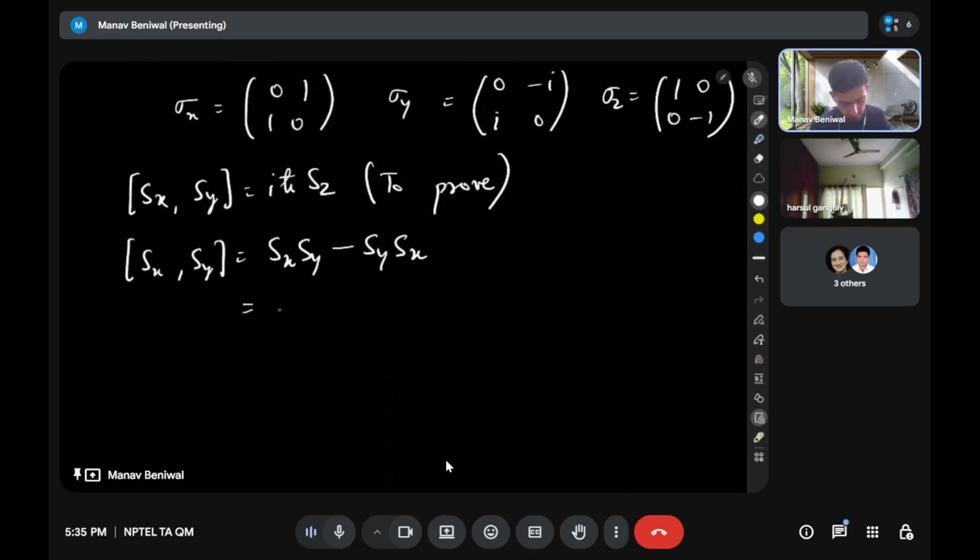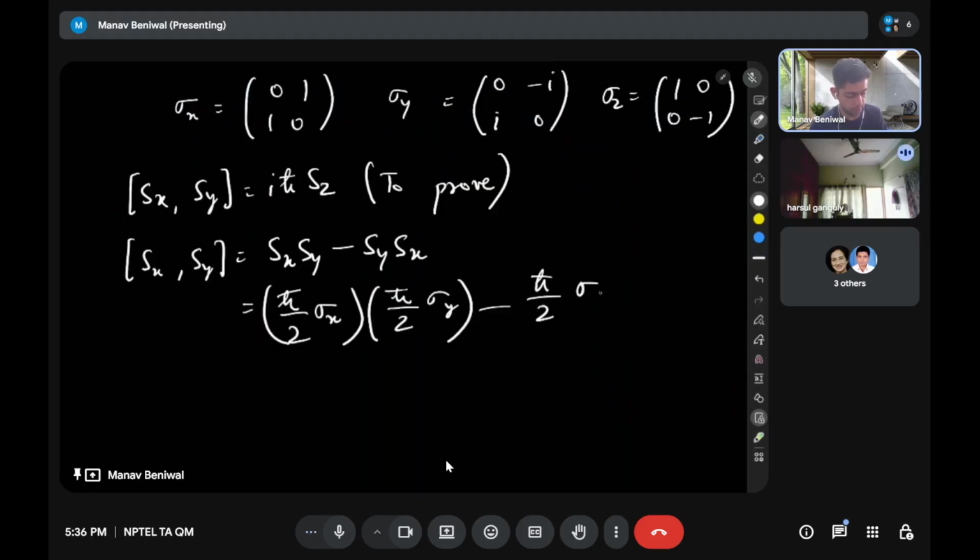So this becomes h cut by 2 sigma x times h cut by 2 sigma y minus h cut by 2 sigma y times h cut by 2 sigma x. Basically h cut squared over 4 times the commutator of sigma x, sigma y.